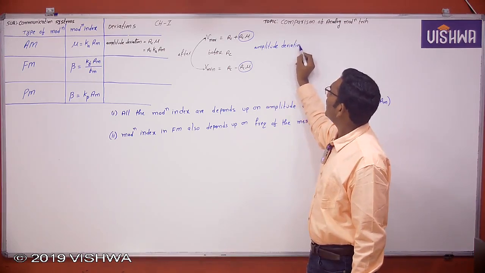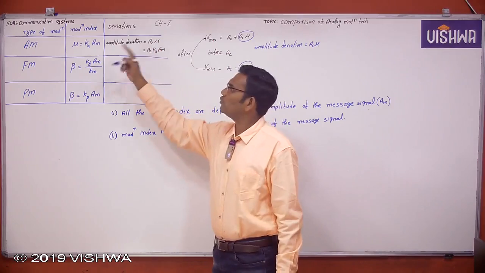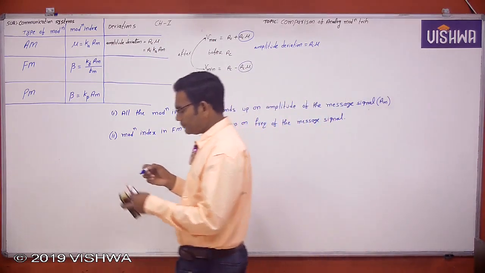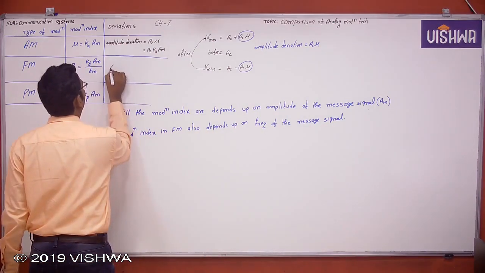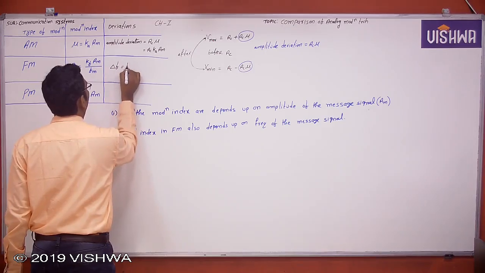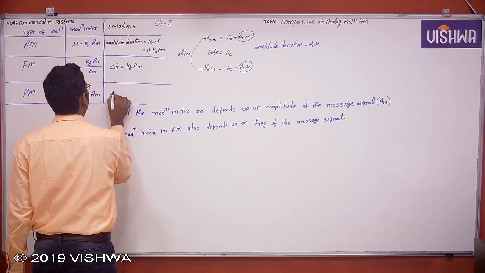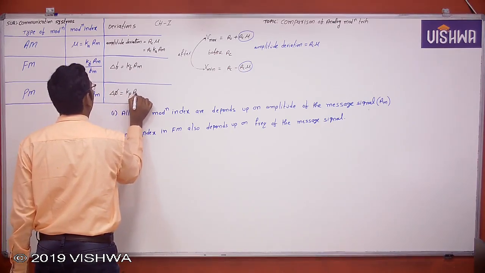The amplitude deviation is Ac into mu in amplitude modulation. Next, in frequency modulation, the frequency deviation is Kf into Am. In phase modulation, the phase deviation is Kp into Am.